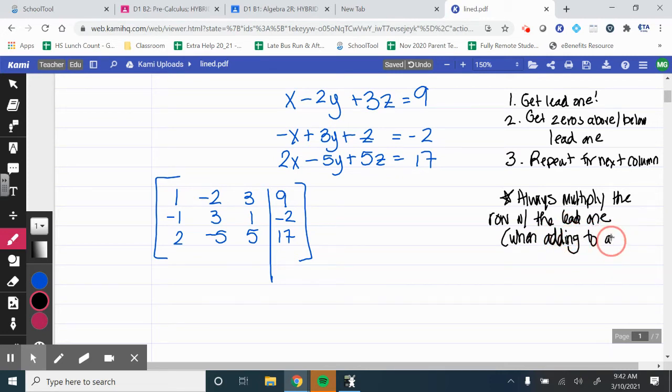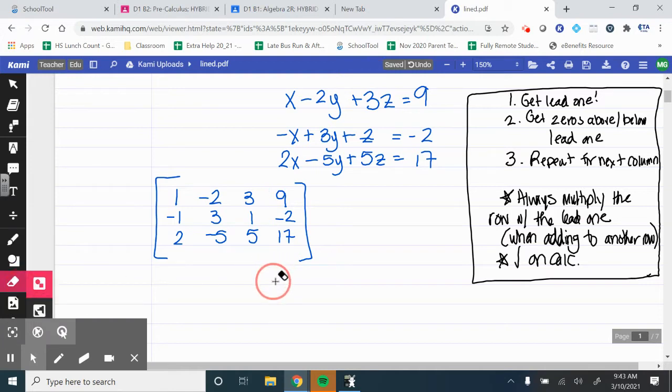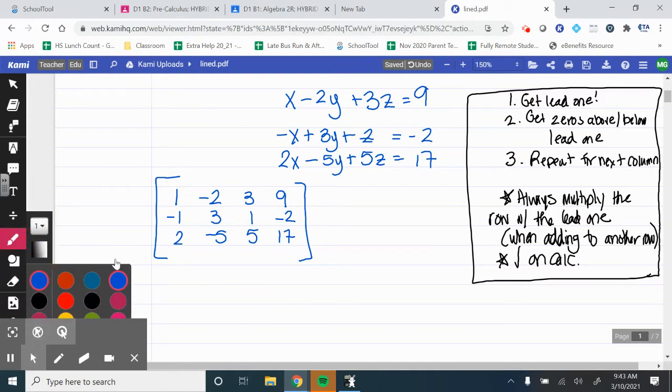And of course, check these on your calculator. I don't want them done on your calculator. I want them checked on your calculator, unless it says to do it completely in your calculator. So your 3 steps and working column by column are really, really important. I made that a little too long.